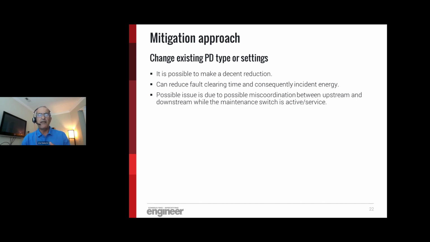Consequently, by bringing the FCT lower, you're improving your incident energy total. But of course, we have, again, the challenge with the coordination issues that we have to deal with, how much we can bring the settings or instantaneous down and not have an issue with downstream devices. But this is an approach that can be done, either changing the settings or changing the type of breaker that has more flexibility of adjustment.